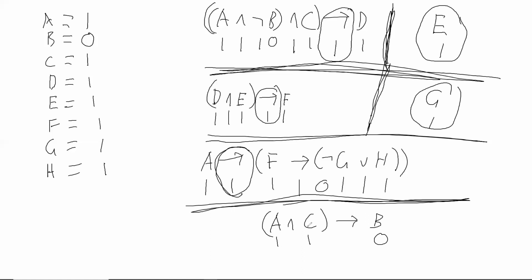Evaluating the antecedent, we have 1 and 1 is 1, and then a conditional from 1 to 0 is 0. And so the conclusion is false. And so this counterexample that we read off the tree makes all the premises true and the conclusion false. That's what these truth tables tell us.